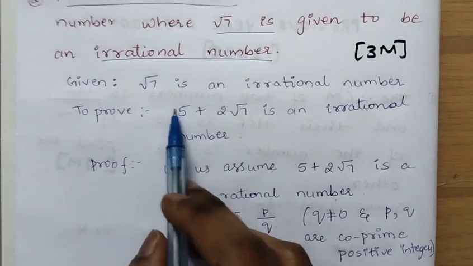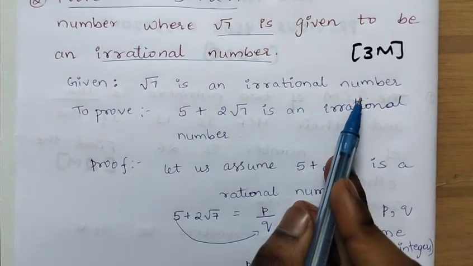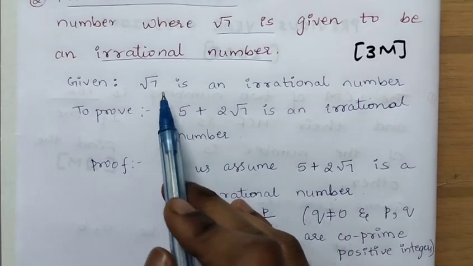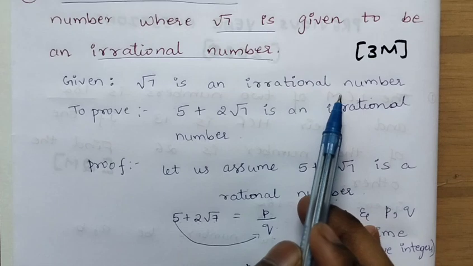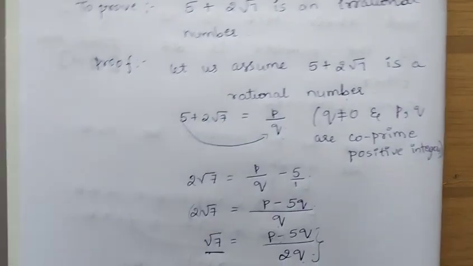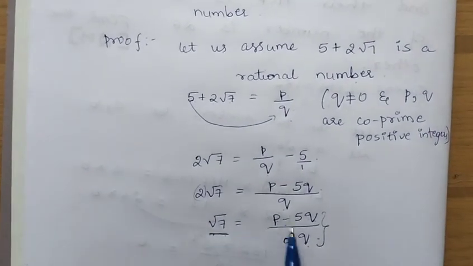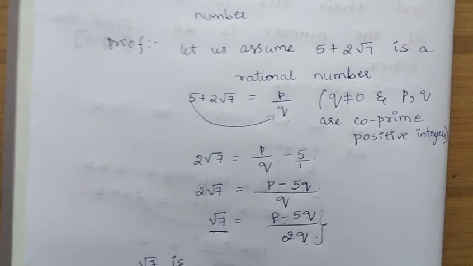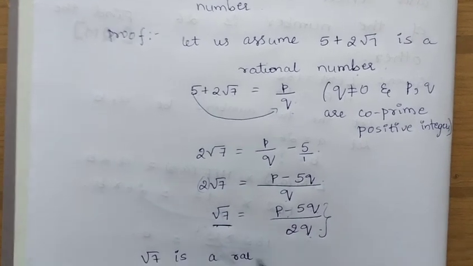But what is given in the question? It is given that root 7 is an irrational number. Understand carefully, student. In the question they have already given that root 7 is an irrational number. But due to our assumption, what we are proving is that root 7 is a rational number.